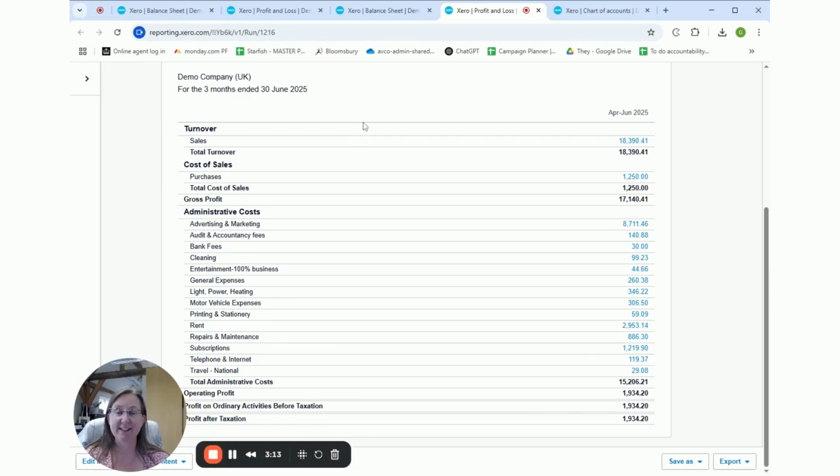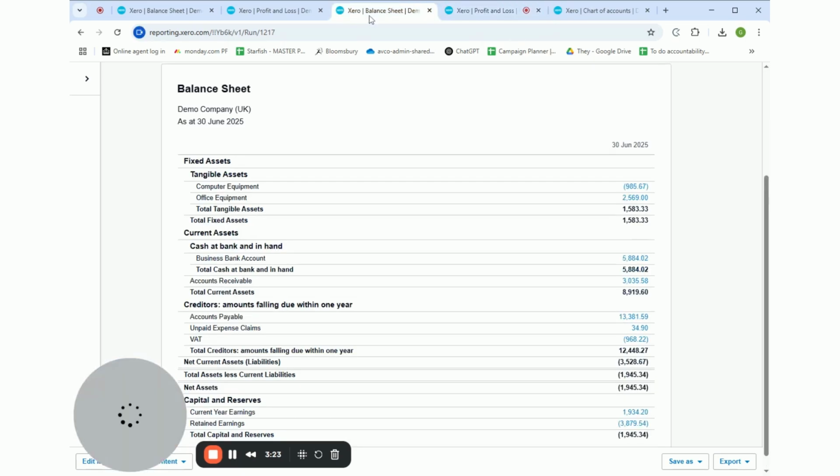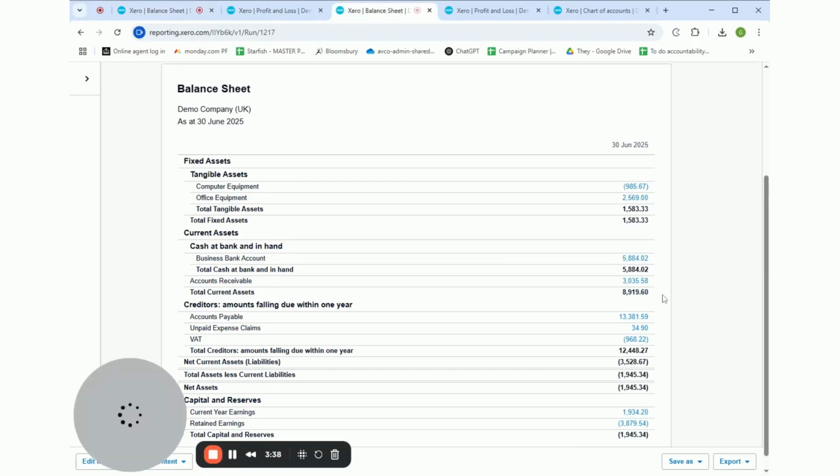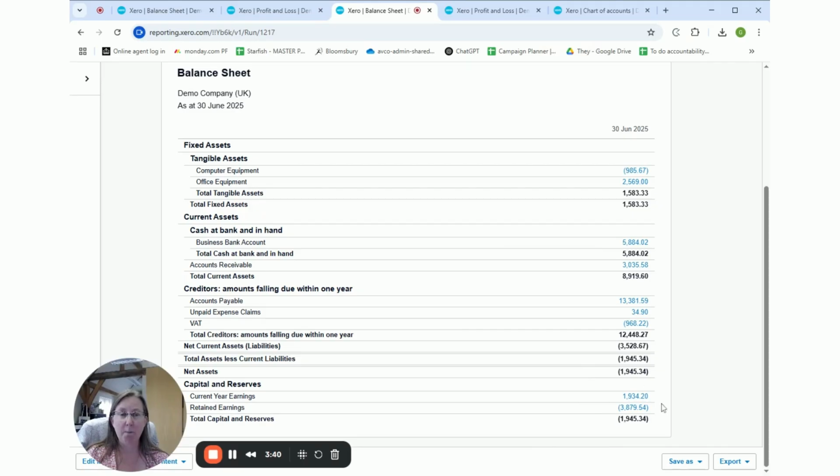Also, if you were running this company and you were trying to get maybe a bank loan, and you send over management accounts information to the bank or the other funding partner to try and get some money, if you send them this version, it looks really doom and gloom and they're very unlikely to lend you money. If you send this version, then it's not brilliant, but there is a profit in the current year. So maybe it shows that you're in the process of turning things around, even though there was a loss last year.